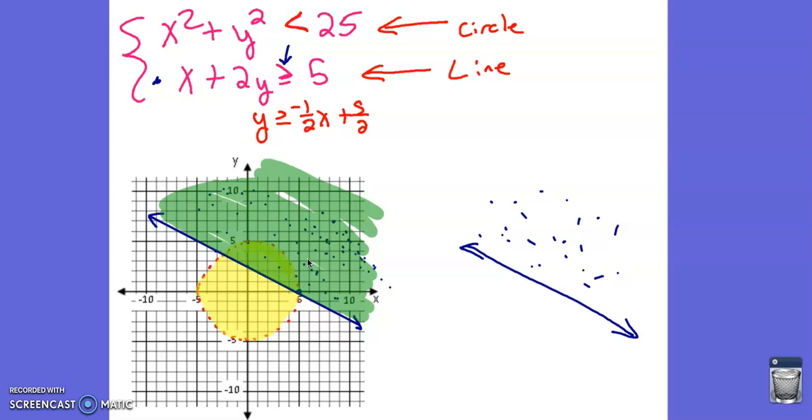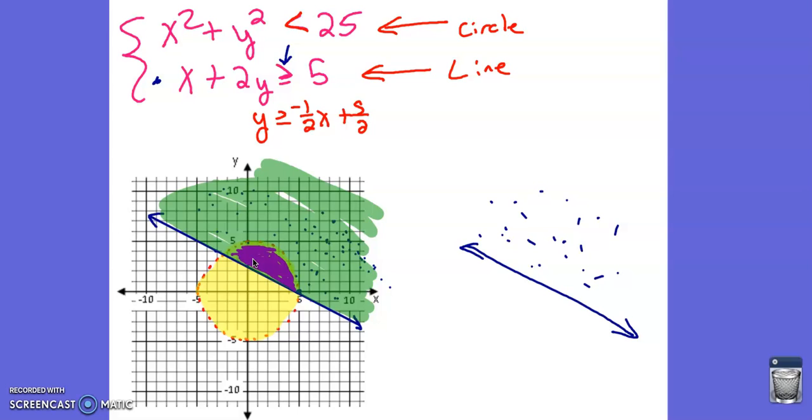And because it's a system of inequalities, what I want is all of the points that will work for both of them. So notice where the color yellow and green cross, the intersection, just inside of here. What I'm coloring in represents all of the points that will work for both of them.